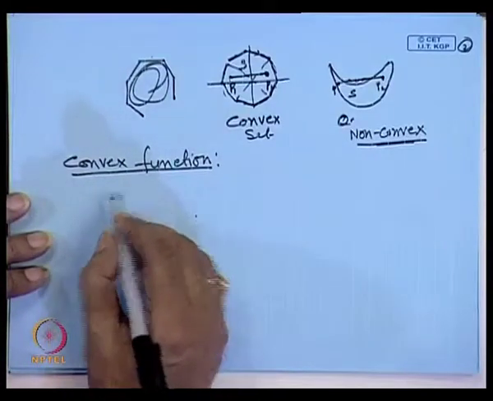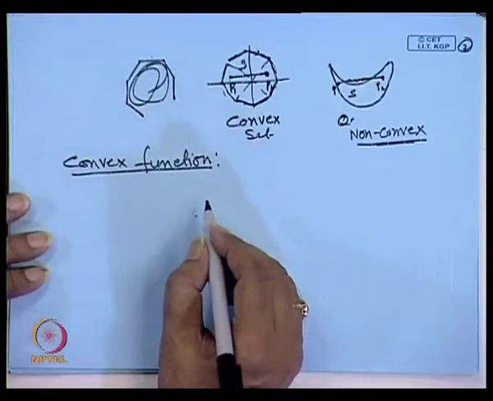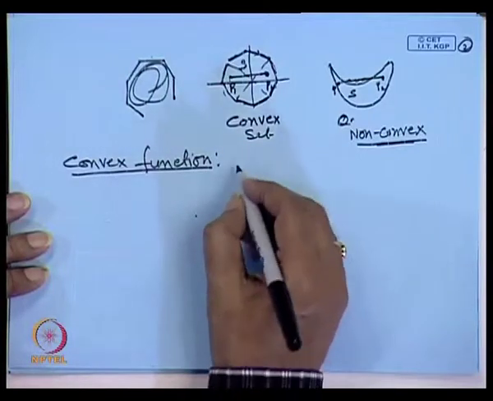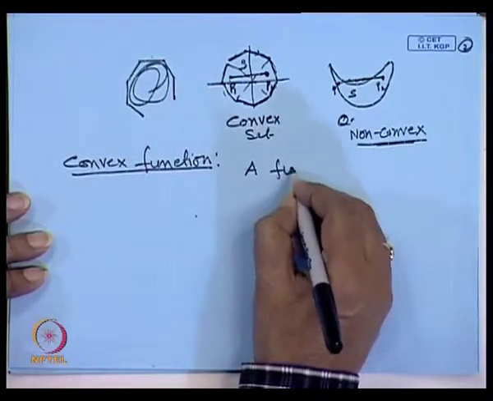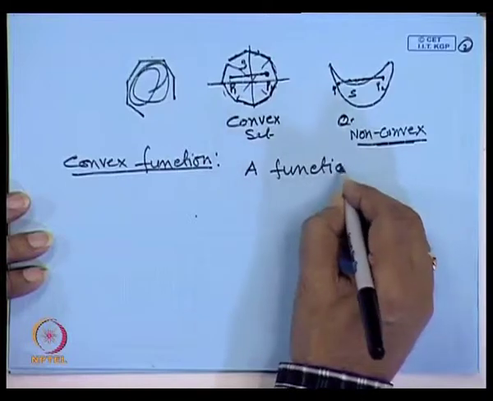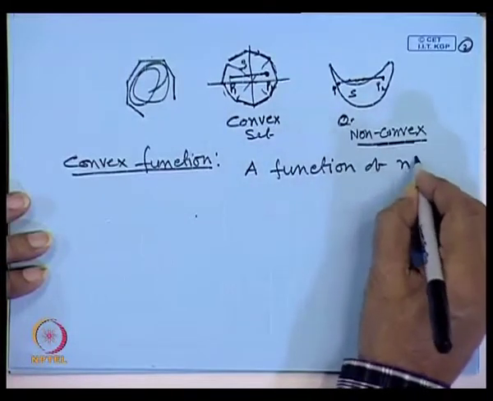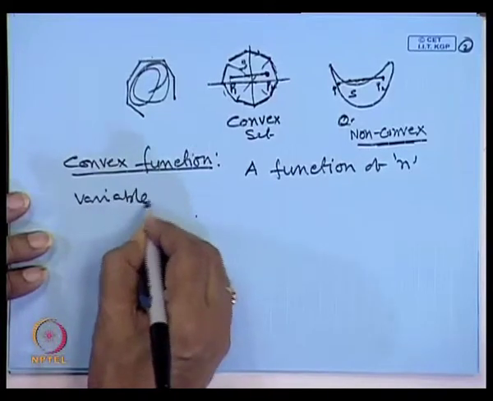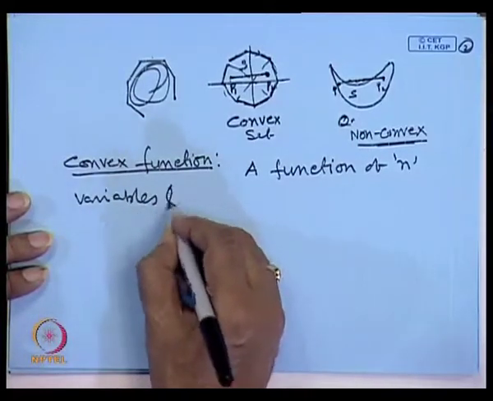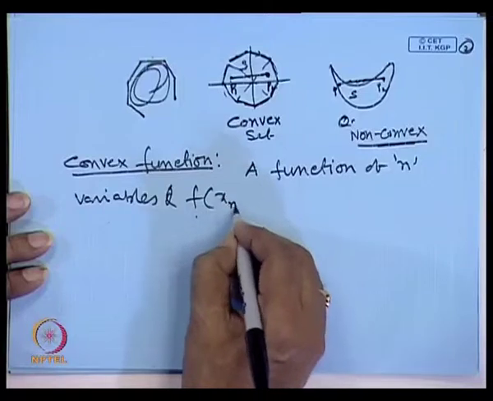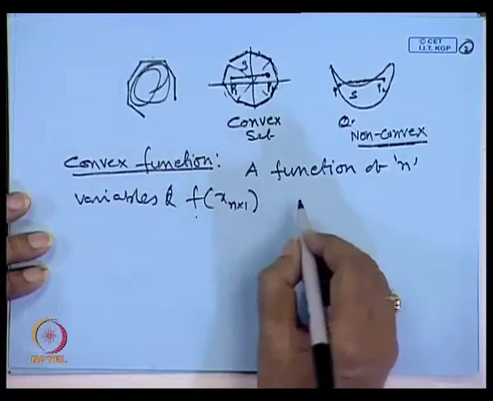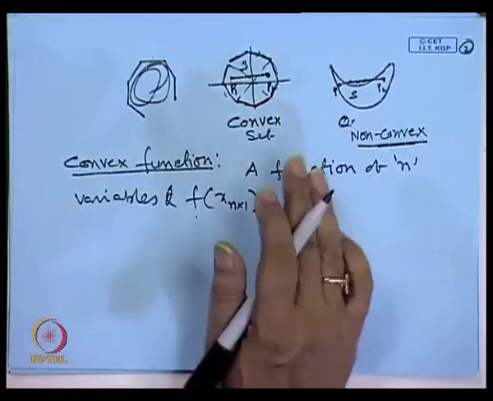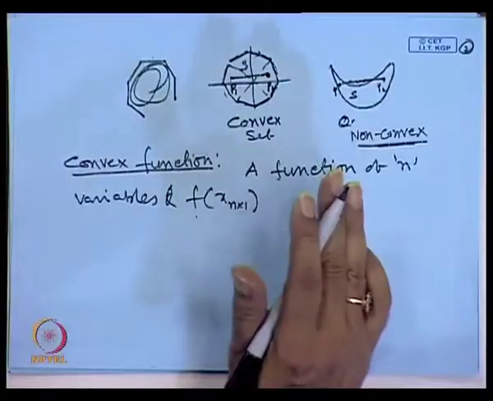Now, a convex function. A function in general of n dimensions, a function of n variables. Let us call this function f of x, with x being n cross 1, defined on a convex set.